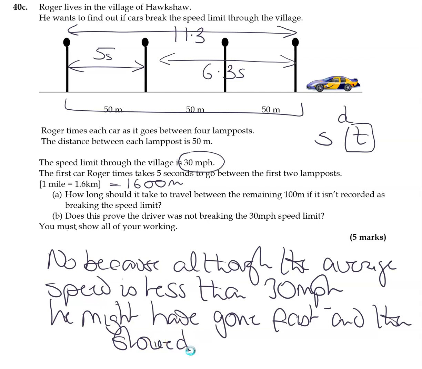And if you think about it, I'm sure you've all seen instances where there's an average speed camera and people go fast for a little while and then slow down, and the average comes out to be fine, but they might have broken the speed limit for little sections.